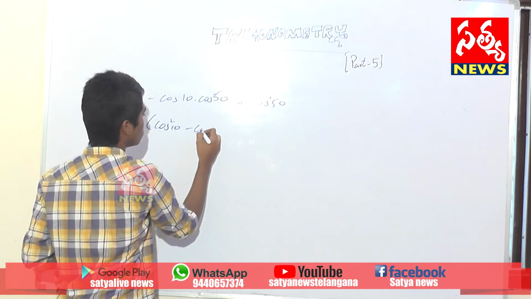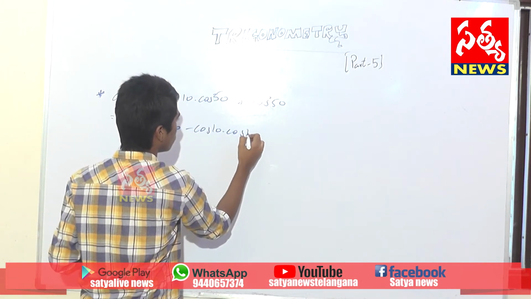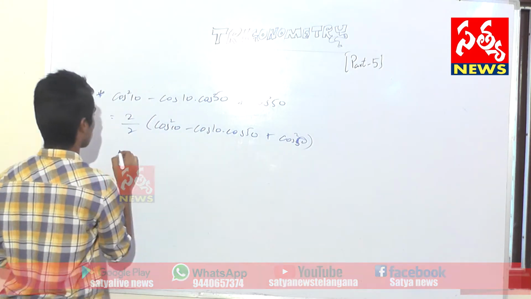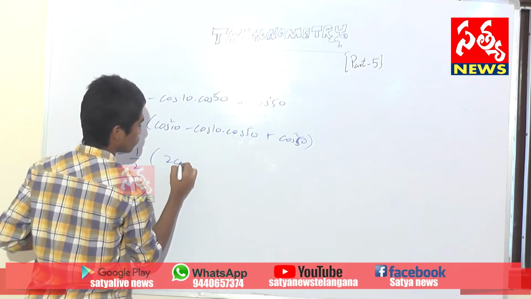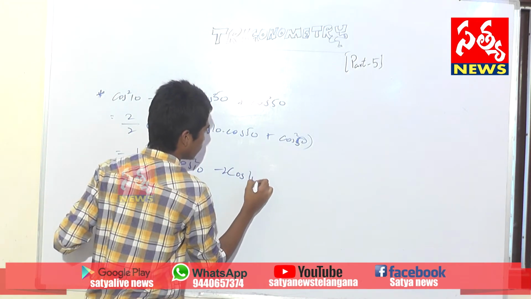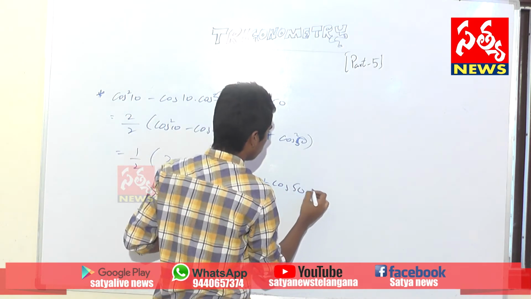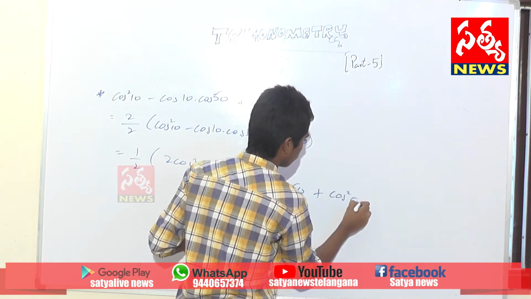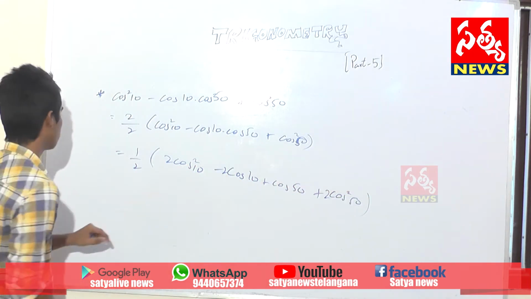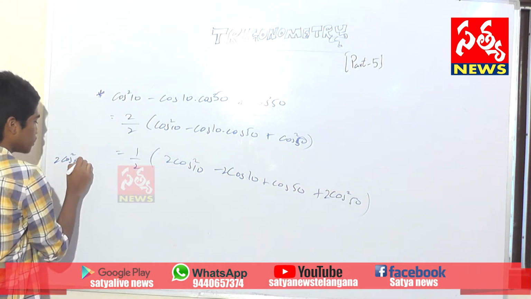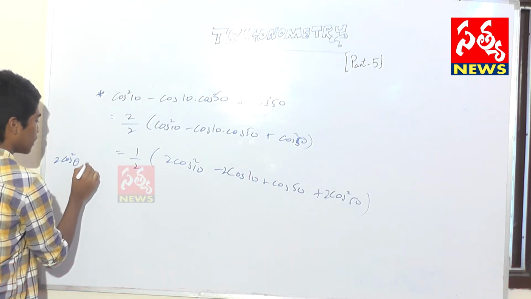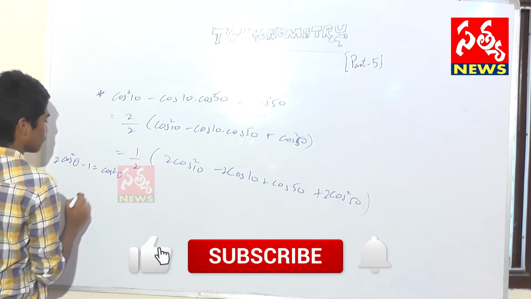Cos square 10 minus cos 10 into cos 50 plus cos square 50. 1 by 2 into 2 cos square 10 minus 2 cos 10 cos 50 plus 2 cos square 50. So here 2 cos square 10. 2 cos square theta minus 1 is equals to cos 2 theta, right?